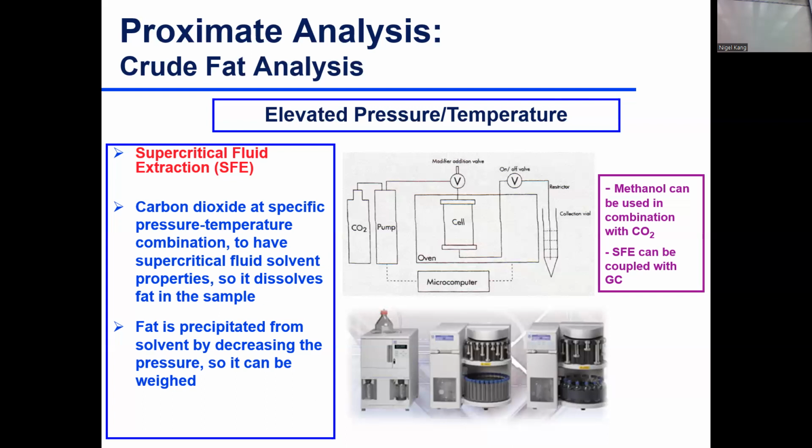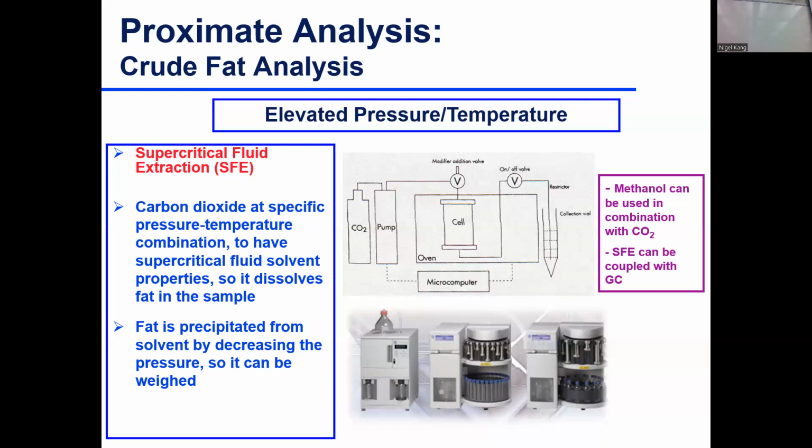So in the collection vial or cell, you have the fluid and the fat. Here is the point. In this cell, you have high pressure and temperature. Once the fluid gets out, there is no pressure. You remove the pressure, and so CO2 fluid converts to CO2 as a gas. So you don't have that supercritical fluid anymore.